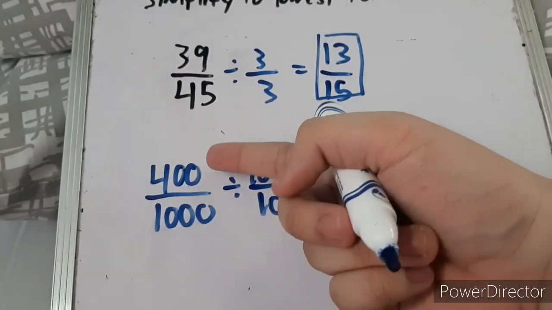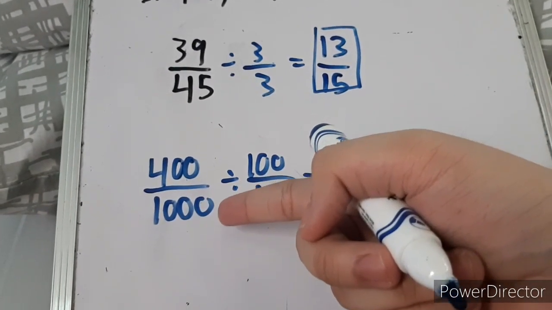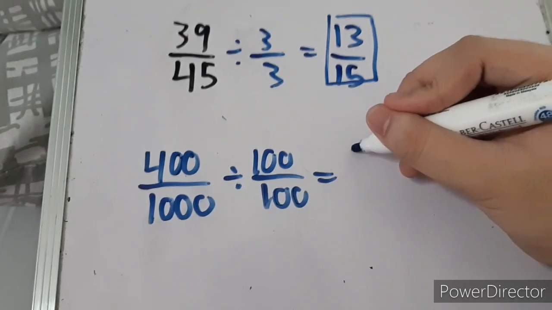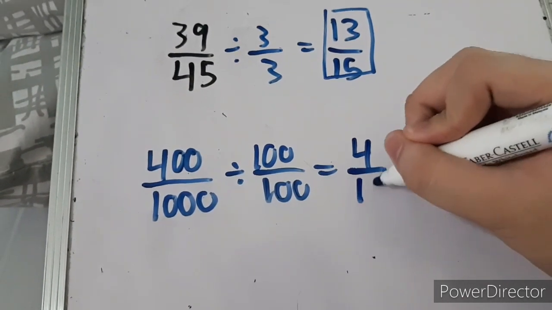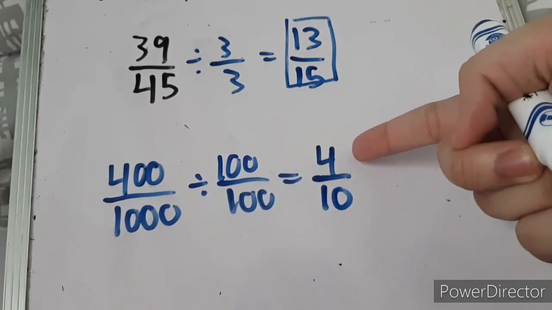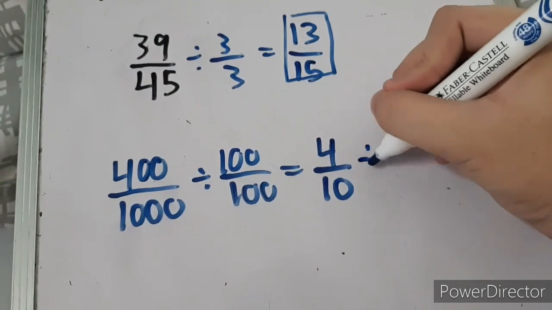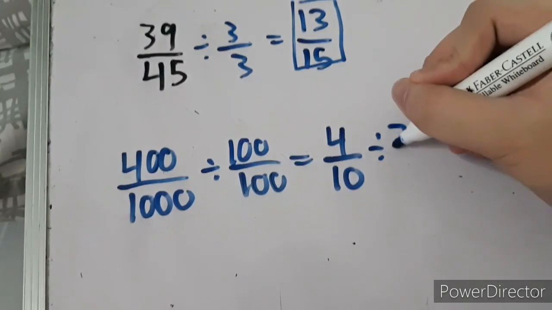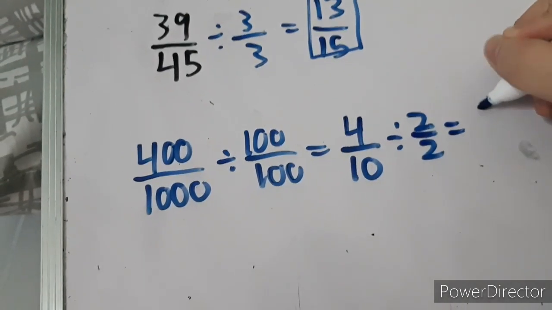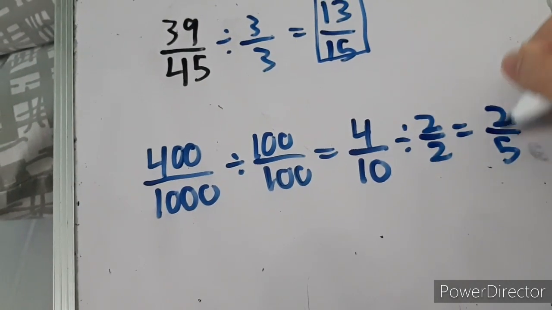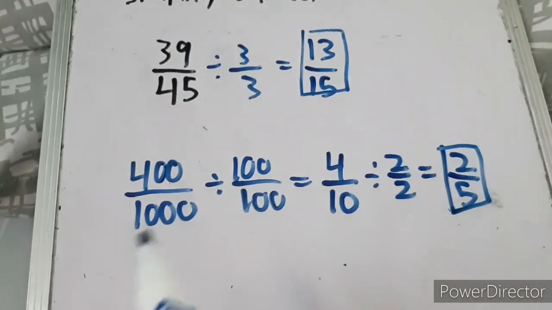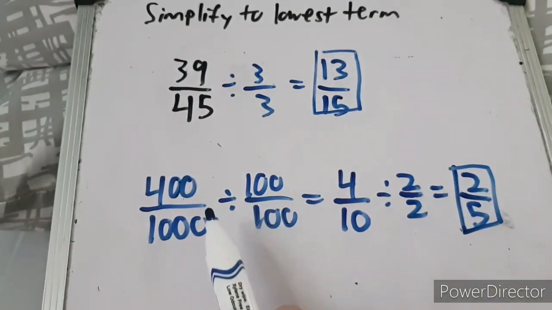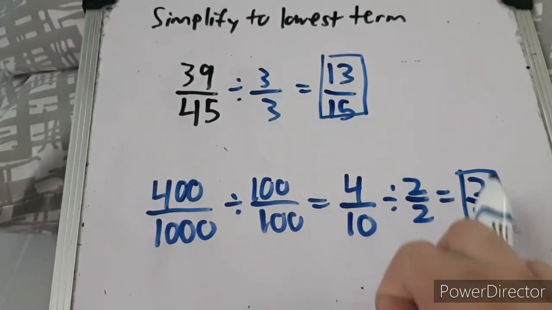So, ang 400 over 1,000 is 4 over 10. Pwede pa i-simplify by 2. So 4 over 10 divided by 2 over 2 is equal to 2 over 5. So, ito po yung pinaka-final answer nila ng 400 over 1,000, is equal to 2 over 5.